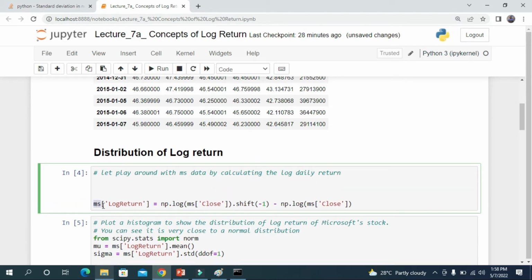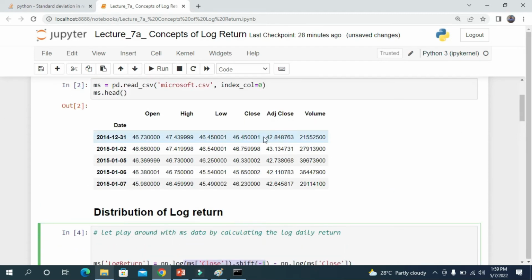I have made a variable, a column log return, and what I am doing, I am taking the logarithm using np.log of the close column but shifting it by one value, because if you want to calculate the difference from day 2 to day 1, you have to shift this close value for the second day to 1 above.